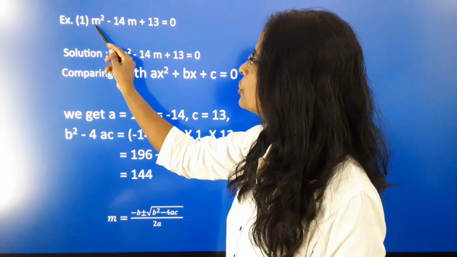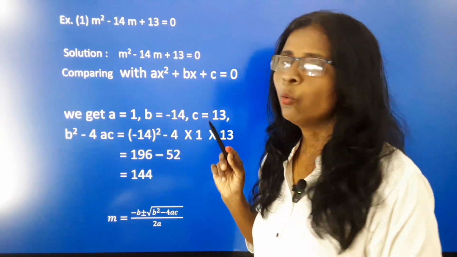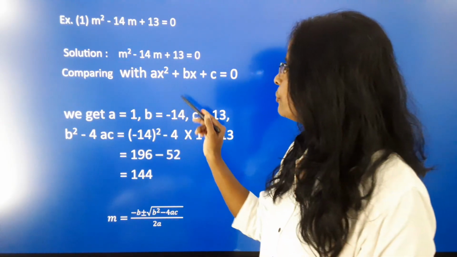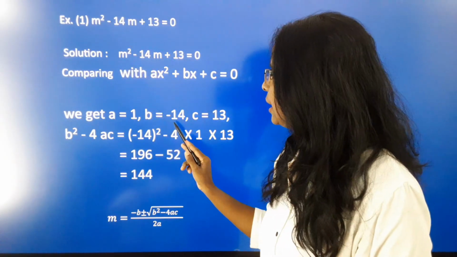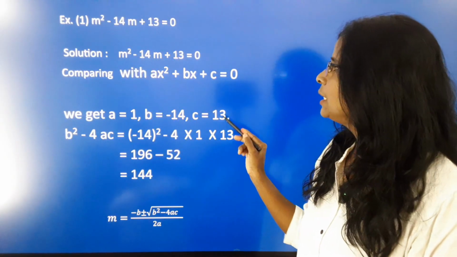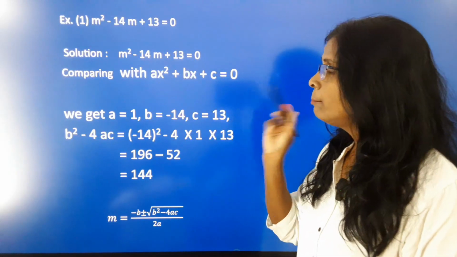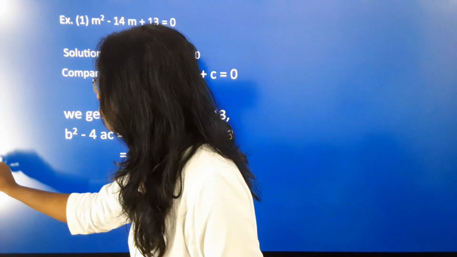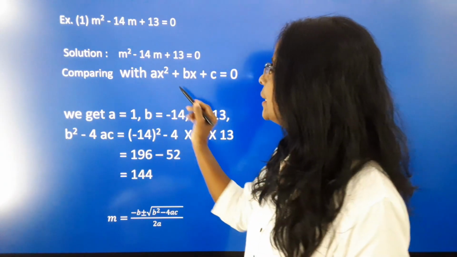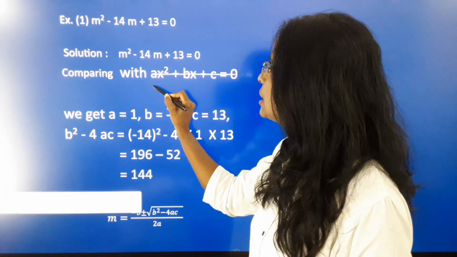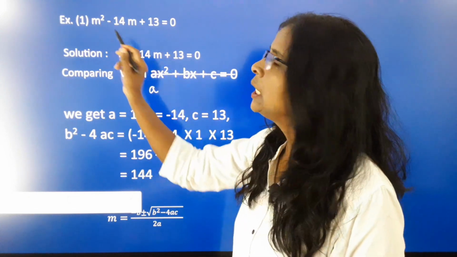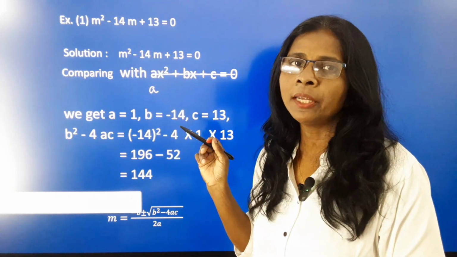So here the coefficient of m square is 1. Here the coefficient of m, that is b, is minus 14, and c is equal to 13. But here, students, we write the standard form of the general equation this way because our given quadratic equation is in the variable m.